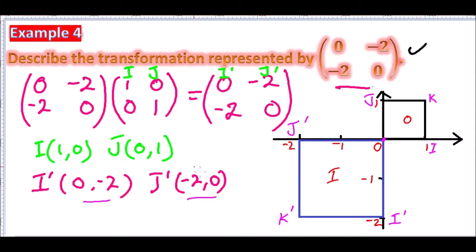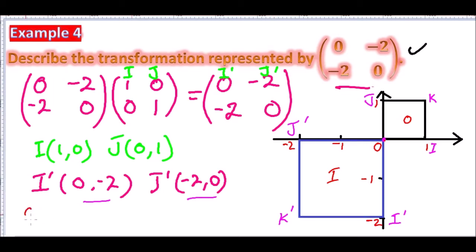If you look from 0 to I, the distance from the origin to I prime is twice the distance from the origin to I.